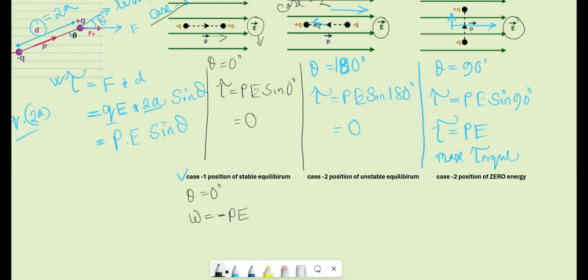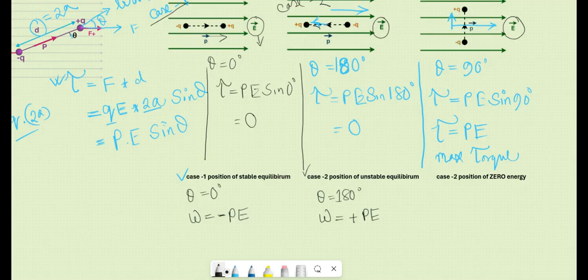Now, case number 2, position of unstable equilibrium. Here, the potential energy of the dipole will be maximum. It means here theta is equal to 180 degrees and the energy will be positive, dipole moment times the electric field.